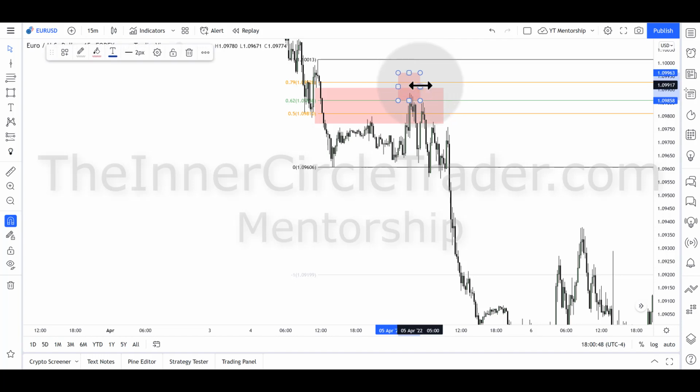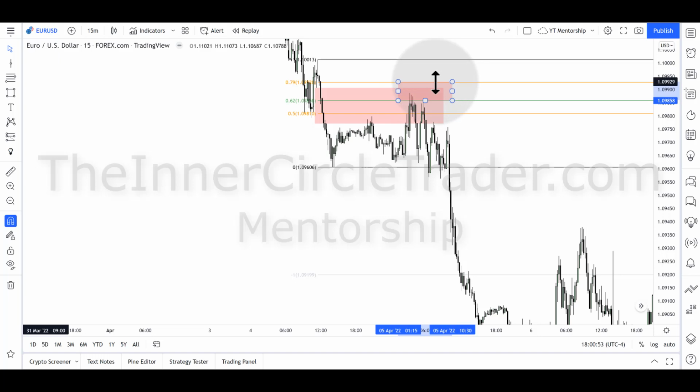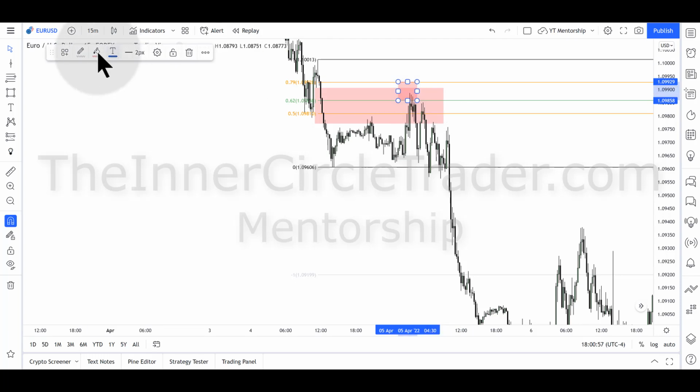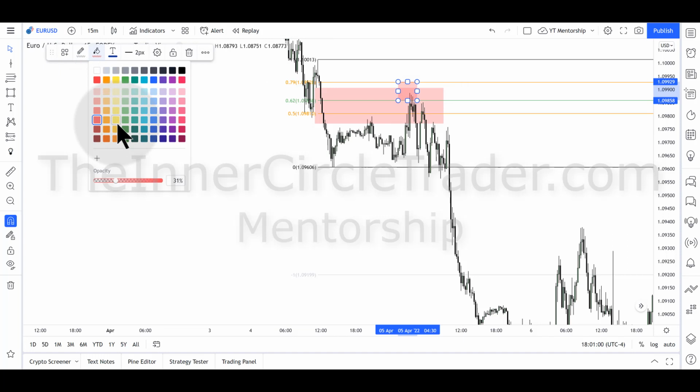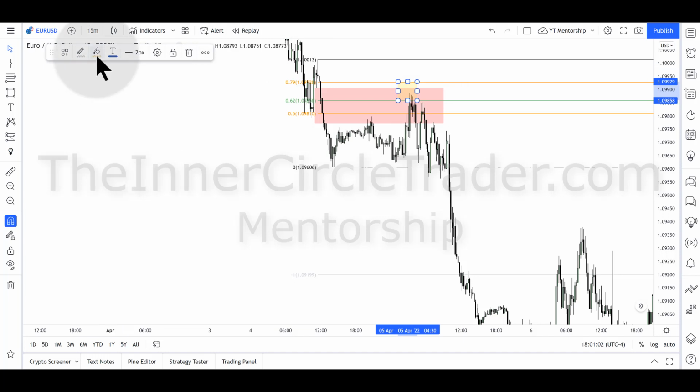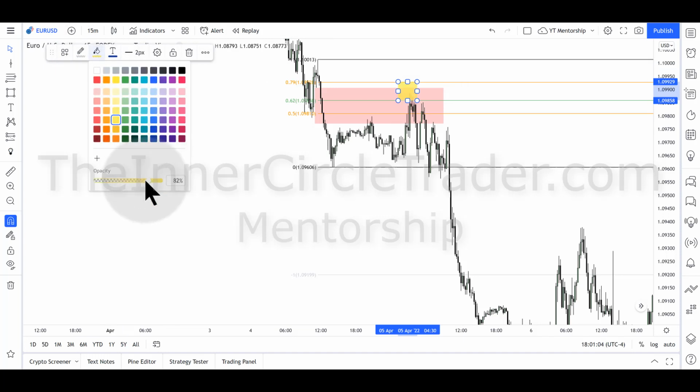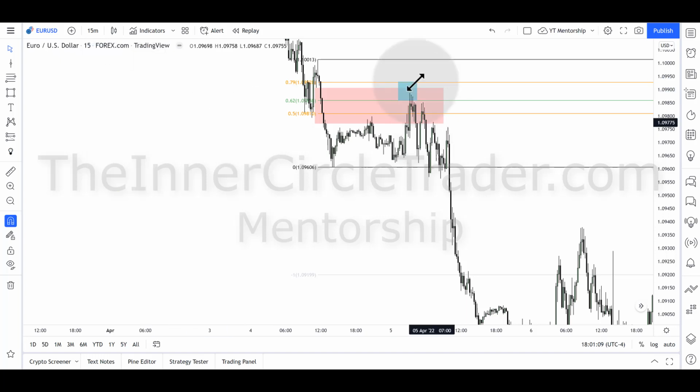Okay, that'll be good enough for government work. Right there, and we'll shade that. Now I'm only doing this so that way you can visually see. All right, so this is optimal trade entry in terms of price range, and inside of that hourly imbalance, so overlapping elements of price.